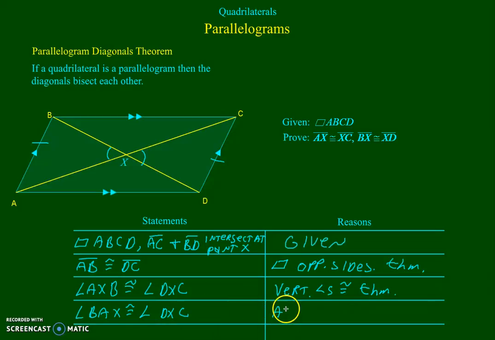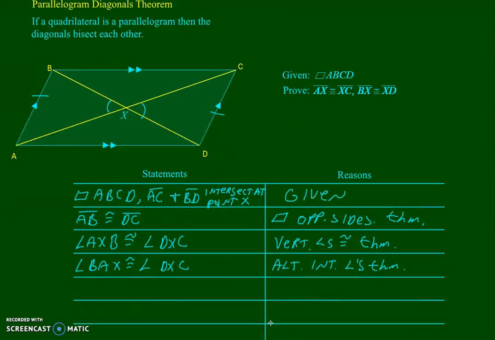And that's alternate interior angles theorem. Need to give ourselves a little bit of space, and so we know this angle is congruent to this angle. Now these two triangles are congruent.